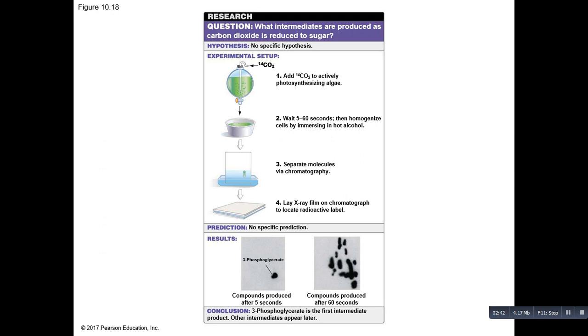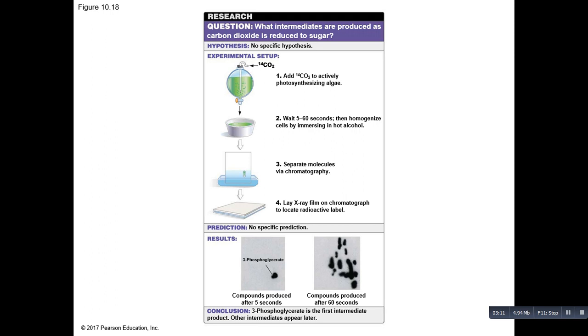So they would wait in between 5 and 60 seconds, and then they would kill the cells by immersing them in hot alcohol, basically stopping the process of photosynthesis. And then they would separate the molecules using chromatography, and they would then lay an X-ray film on top of that chromatograph so that they could actually see the radioactive labels.